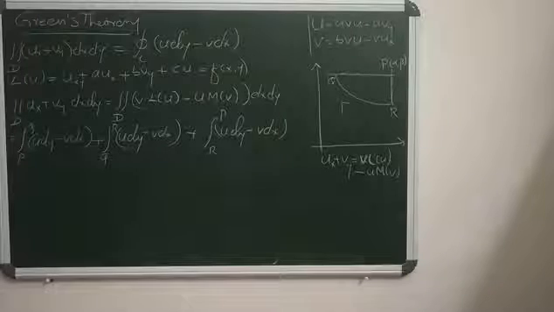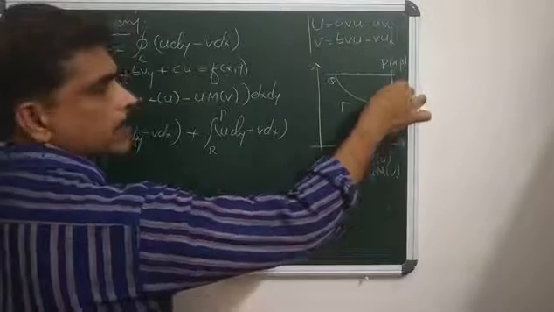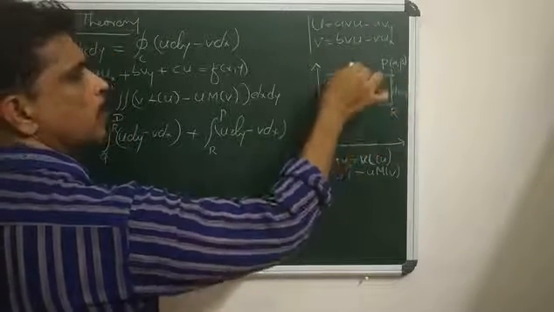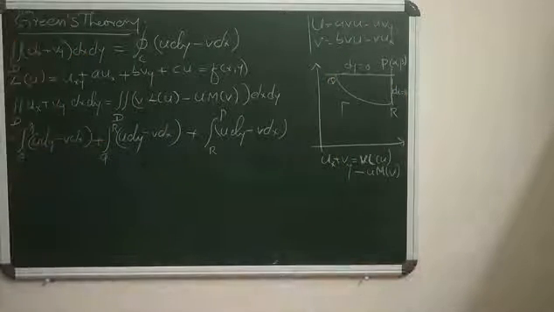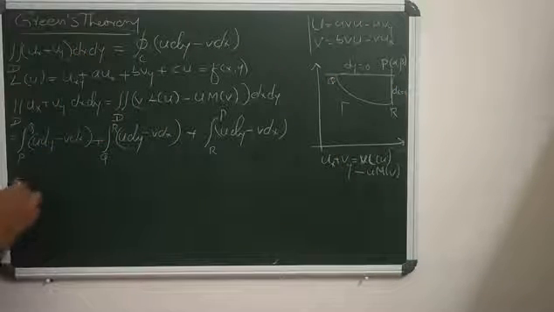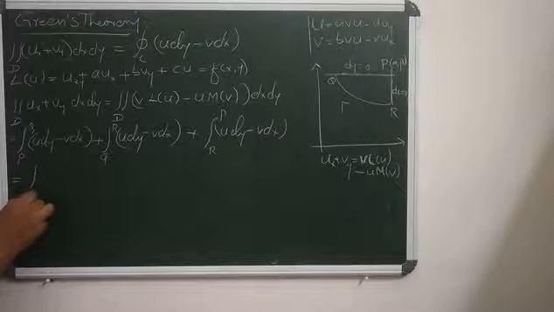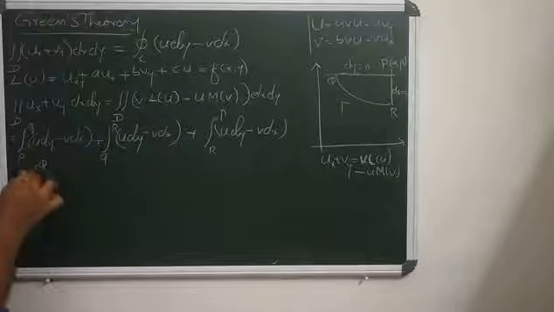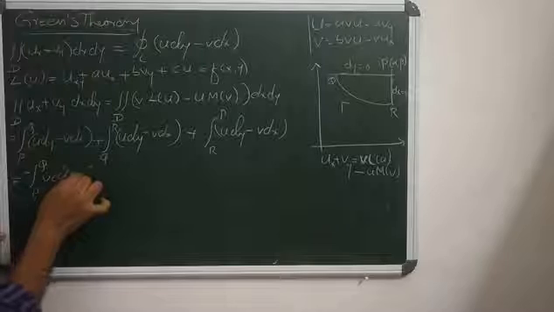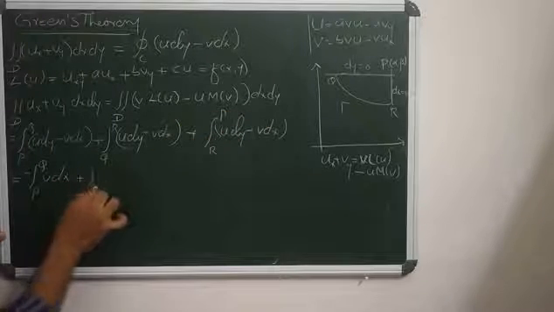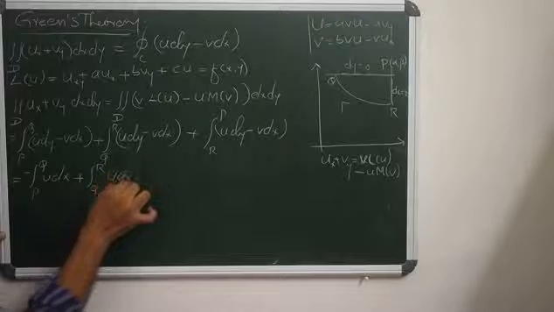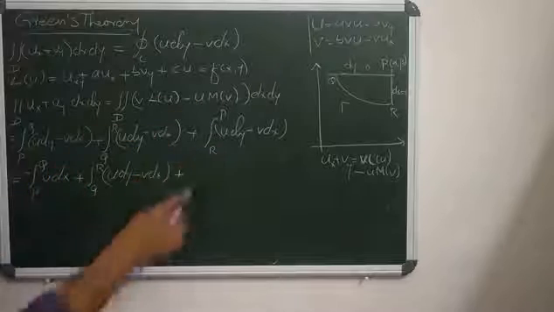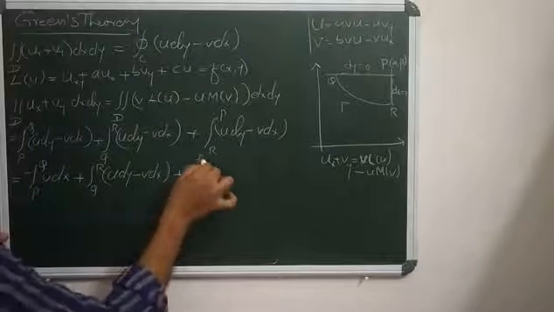But listen, along RP, x is constant, so dx equals 0, and along PQ, y is constant, so dy equals 0. Therefore, along PQ, dy equals 0, so it is minus the integral of v dx, plus along QR, there is no change, so it is the integral of u dy minus v dx, plus along RP, dx equals 0, so it is the integral of u dy.